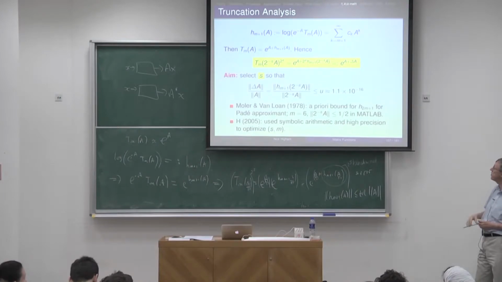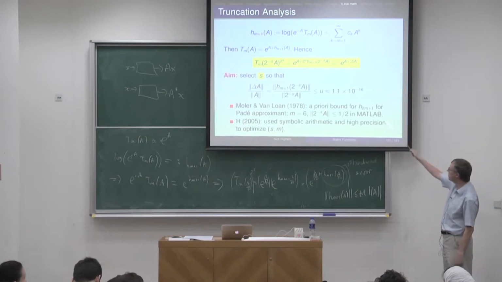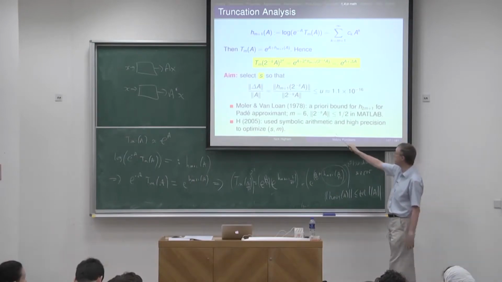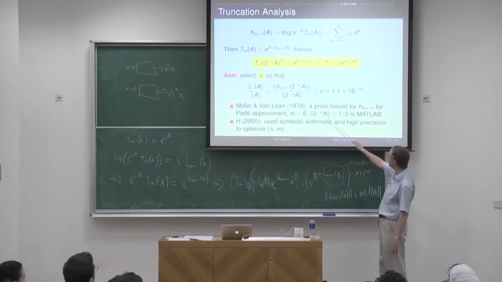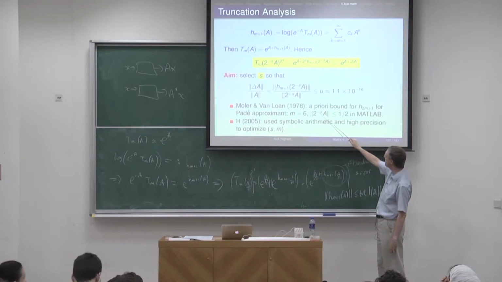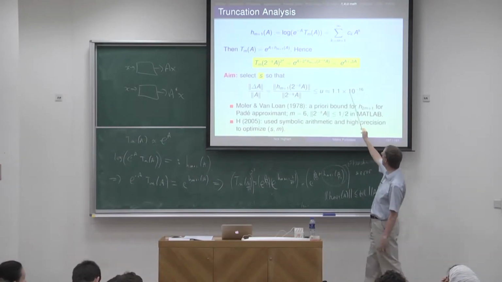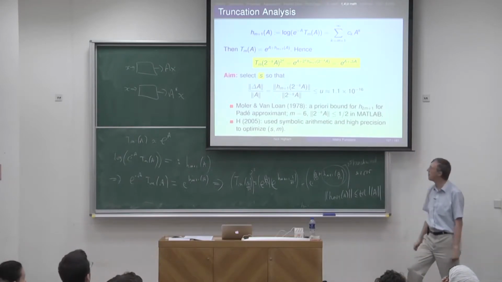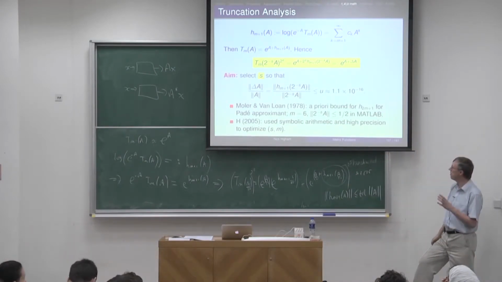So for any rational function of A, that analysis still works. So they did it for the Padé approximant. They forced m to be 6, and then they worked out that if they required the norm of 2 to the minus s A less than a half, then they could show that this bound was satisfied.